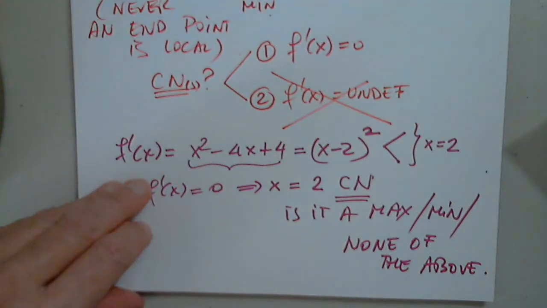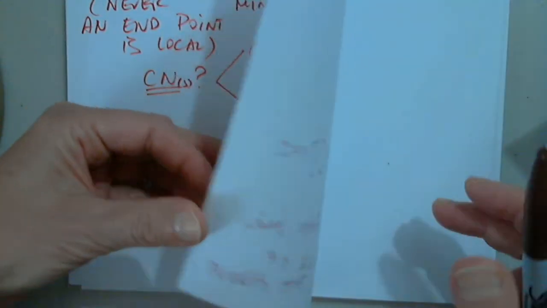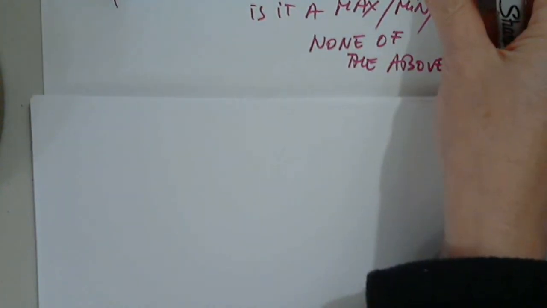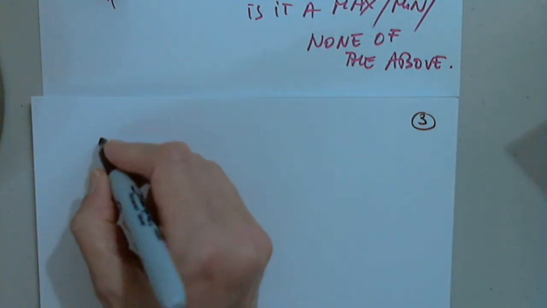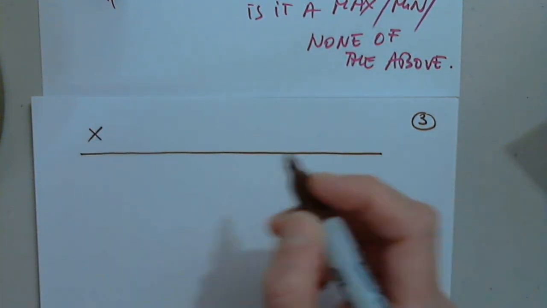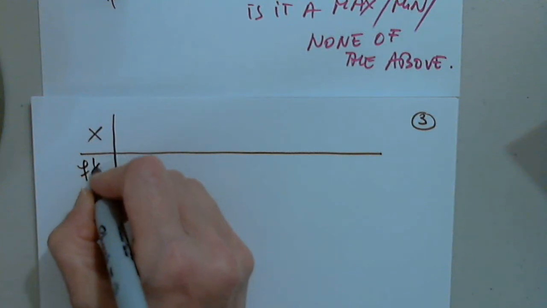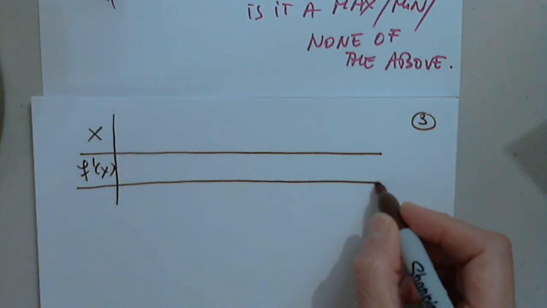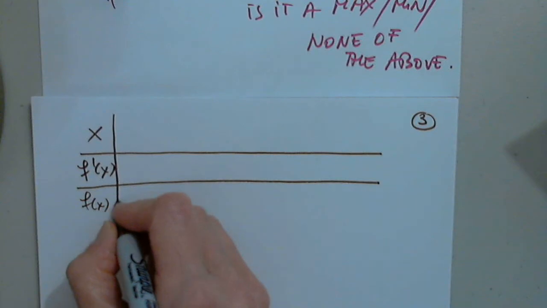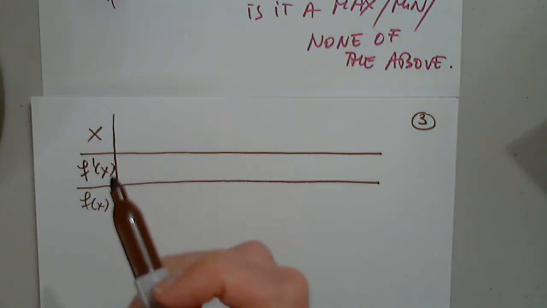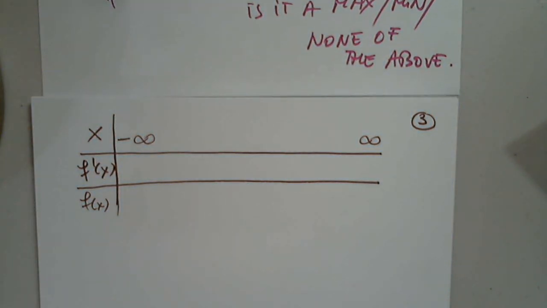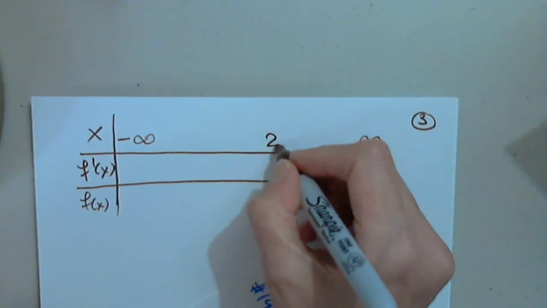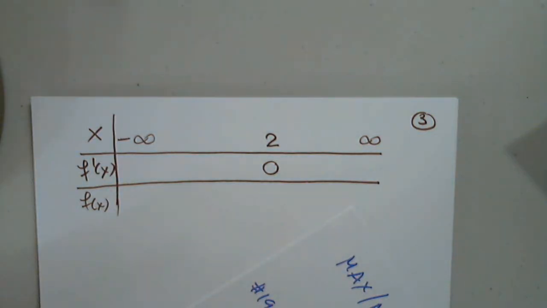So now we're going to go back to our favorite table. That's why I insisted and insisted and insisted. And I will continue to insist. This time we will have f prime of x as the first row and f of x as the second row. The domain of this function, I know you're going to say negative infinity to infinity because it's a polynomial. x equals 2 will be in the table, and 0 for the first derivative.